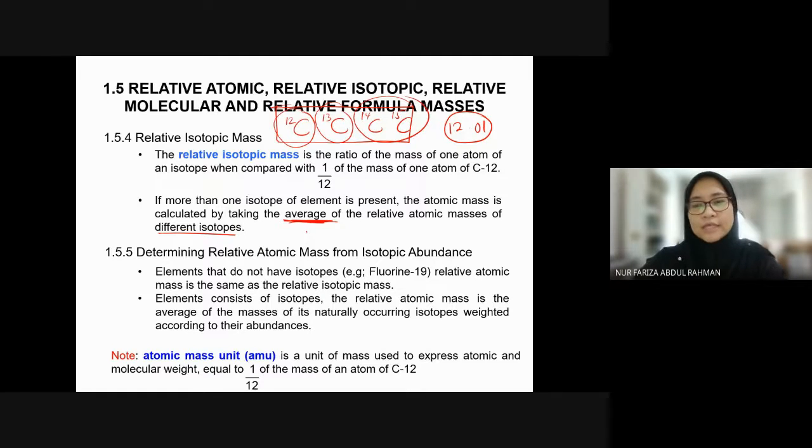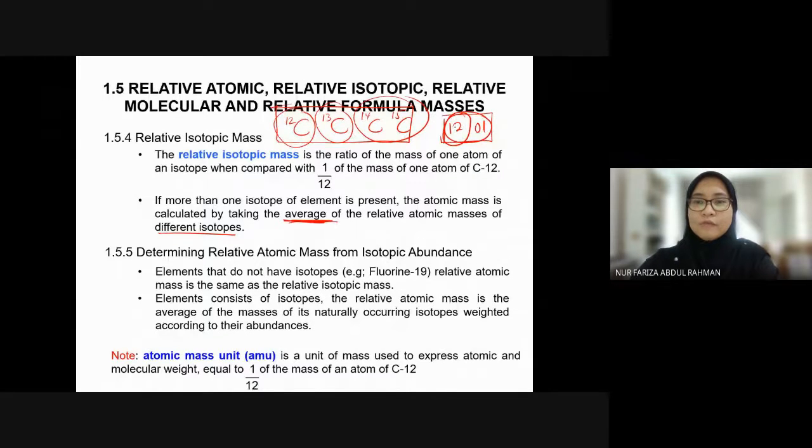And one more thing, from the mass number, from the value itself, we would be able to determine which of the isotopes is the most abundant. So we have 12.01 for carbon, right? We have 4 carbon isotopes.